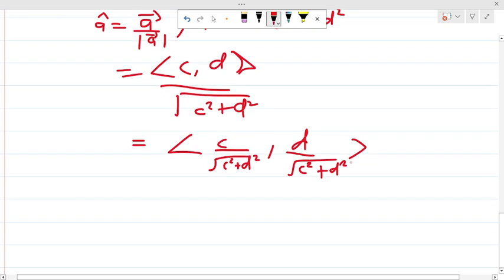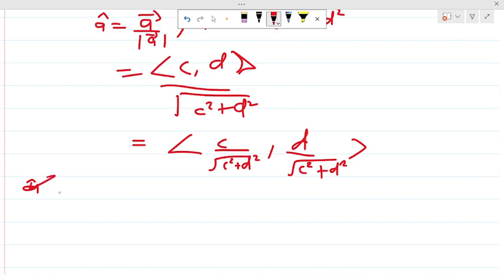Okay. Now let's solve an example. Let's say a vector A is equal to (2, 9). Find the unit vector.